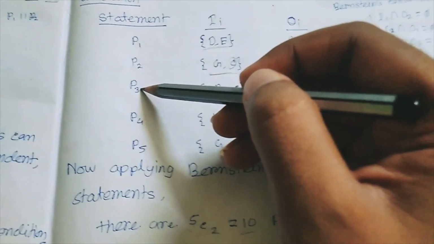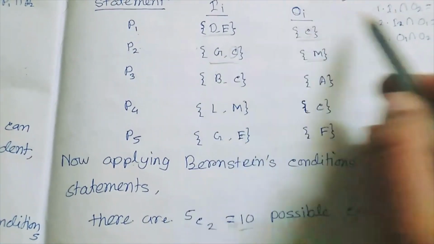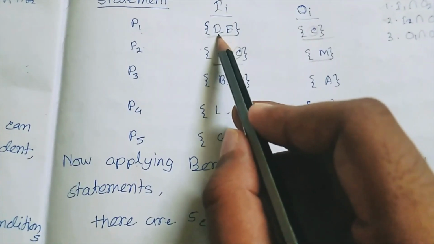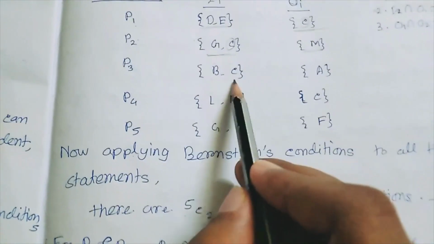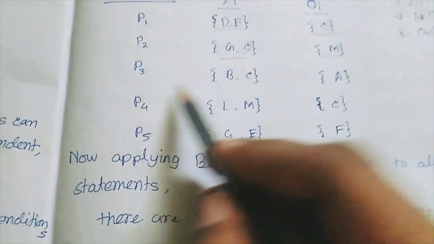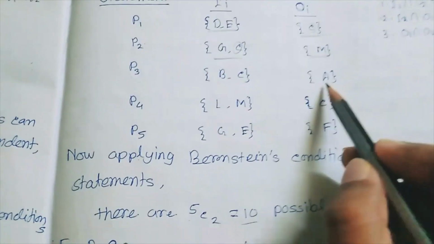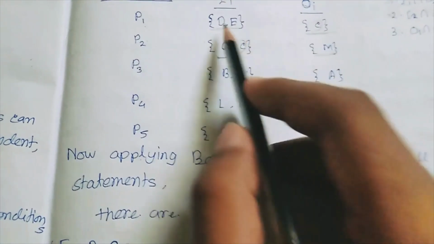Now check P1 and P3. Let's check the first condition: DE is the input set of P1 and BC is the input set of P3. Let's check the input set of P1 and the output set of P3.